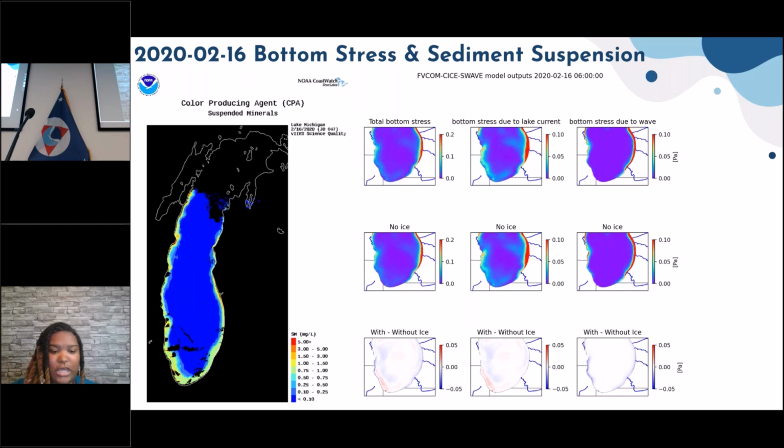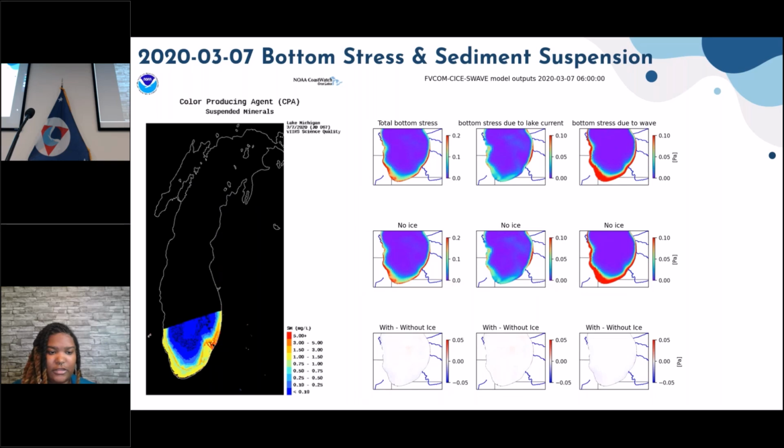But you can also see that there is an increase in sediment suspension along the coast. Therefore, there was an increase in bottom stress, and this is with ice.